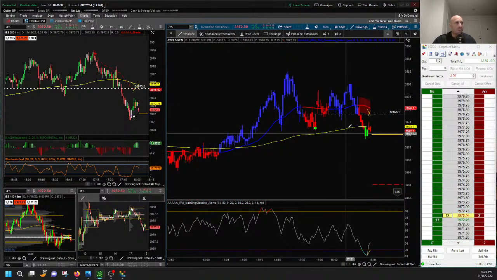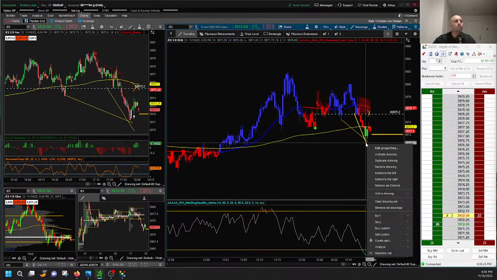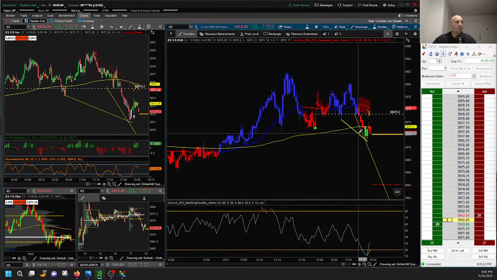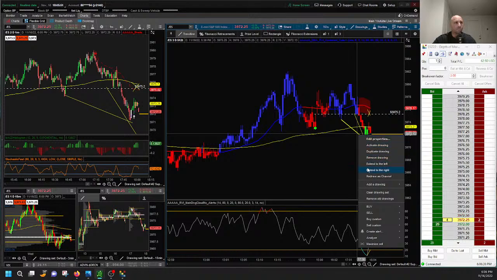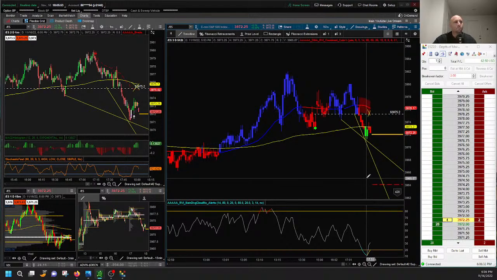Now, if I want to add something else to it, I can always add a trend line. Go here, or we could go here, right? Extend it to the right. But we'll see.